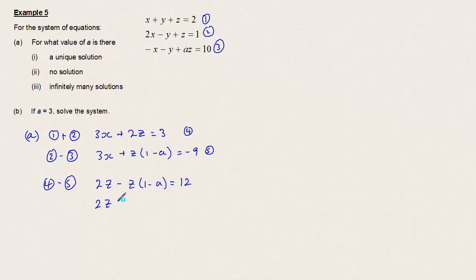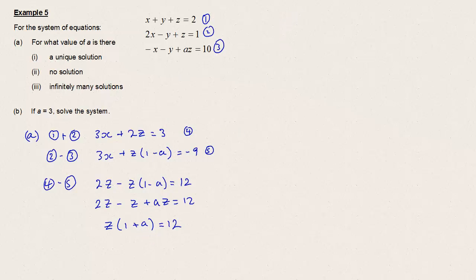So 2z take away z plus az is 12. 2z take away z is a single z. So we can have z into 1 plus a is equal to 12.